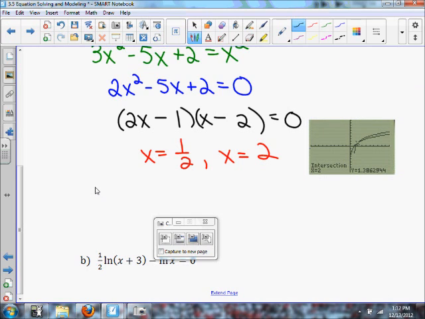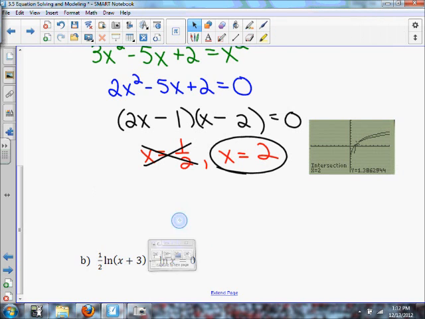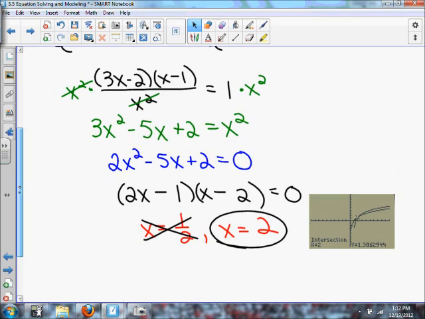So this answer is extraneous. This is our only answer. Example B is very similar to it, so we won't actually go over it with regards to time.